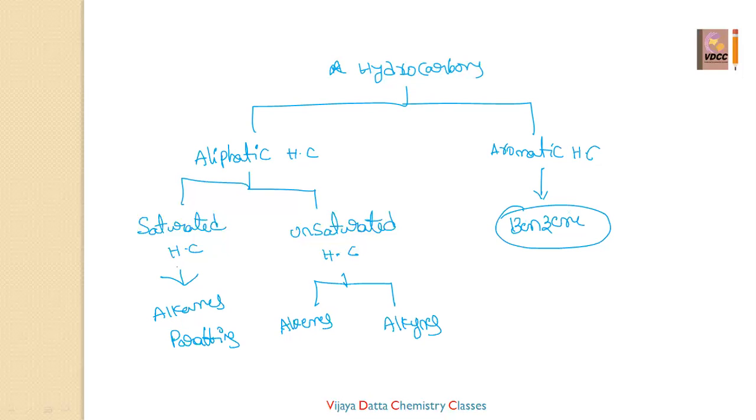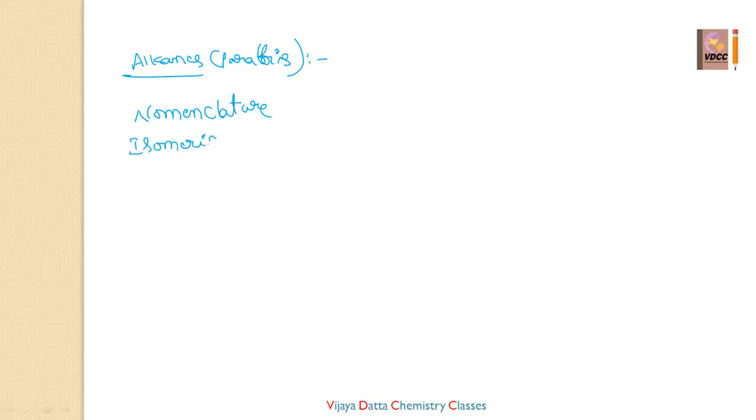Today we are going to start hydrocarbons with saturated hydrocarbons, that is, alkanes. Alkanes are also known as paraffins. Let us see the order for studying alkanes. First we study alkanes nomenclature. Next, we check whether any isomerism is present. Next, methods of preparation of alkanes.